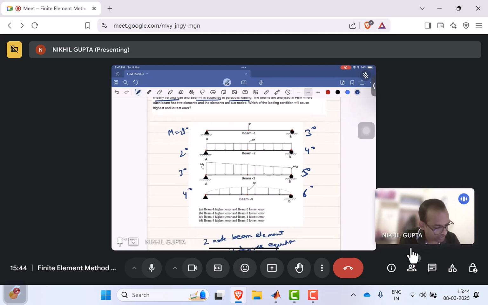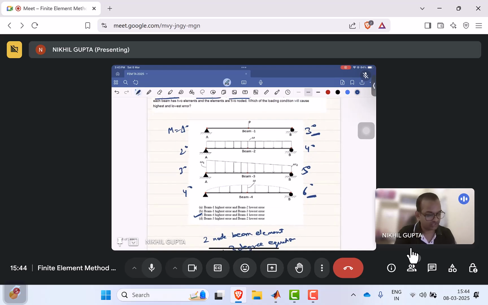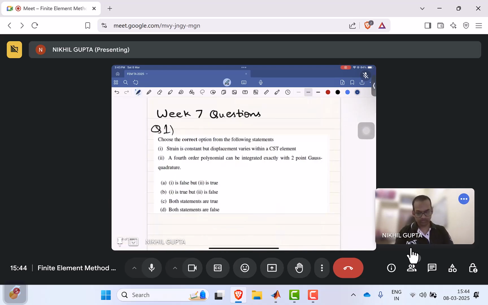So correctly we can measure 3. Worst we can measure 6. So answer is C, that beam 4 will have the highest error, and B1 will have the lowest error, and I think it will give you the exact solution as well. Okay, so these are the answers.